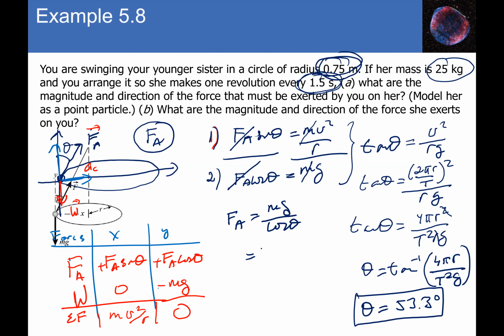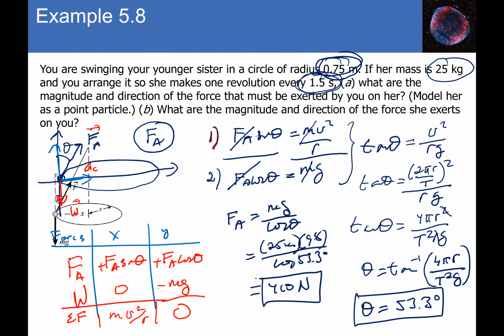That's easy because I have 25 kilograms times 9.8 divided by cosine of 53.3 degrees. Now I can solve that as 410 newtons. There you go. That's the value of the applied force acting.